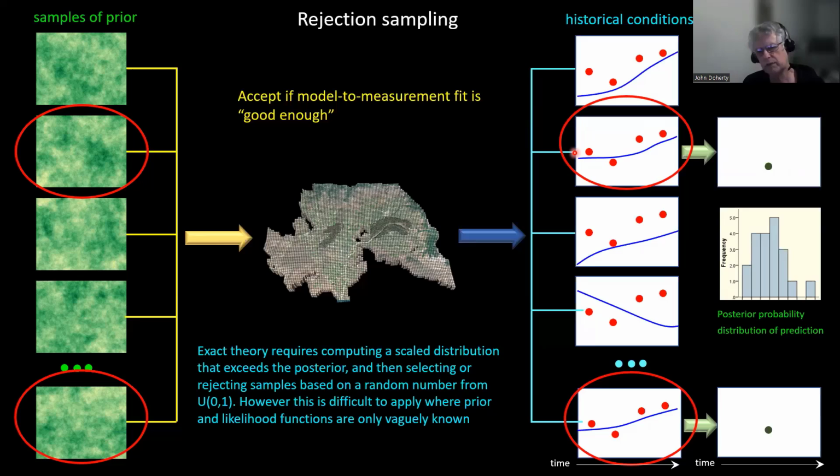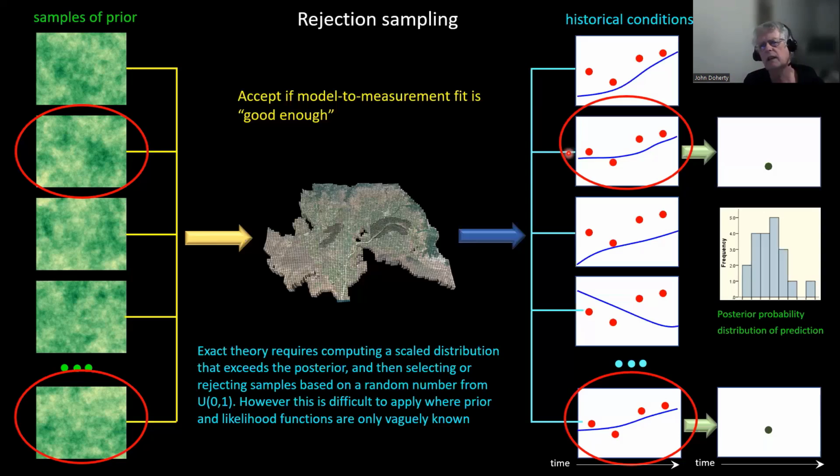Now, simple in principle, it can be shown that it's Bayesian. In practice, fairly disgusting. The reason is that if we have any more than a few parameters, the acceptance to rejection ratio is going to be incredibly small. We might have to do 1 million wasted model runs. If it's a complex model, that can take a long time. And only a few parameter fields will slip through, not get rejected.